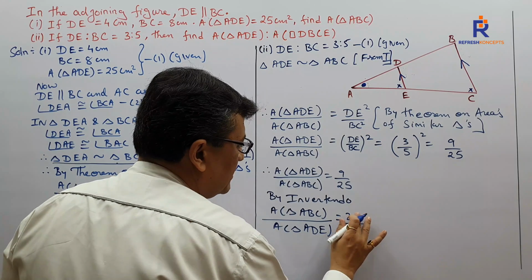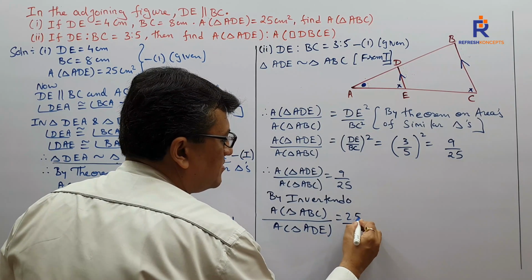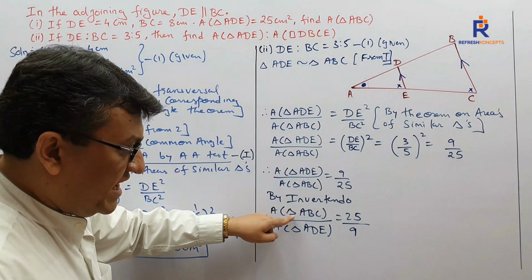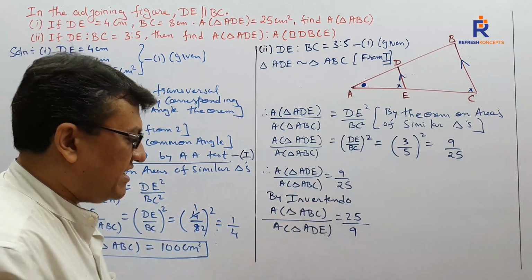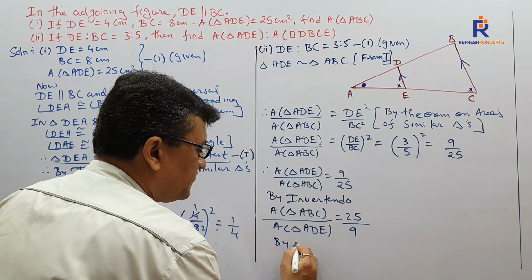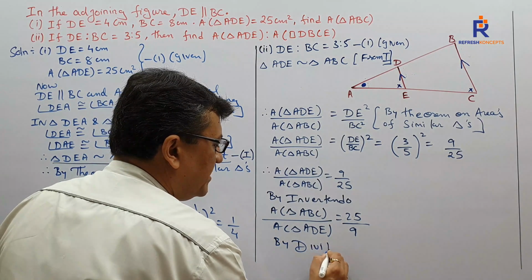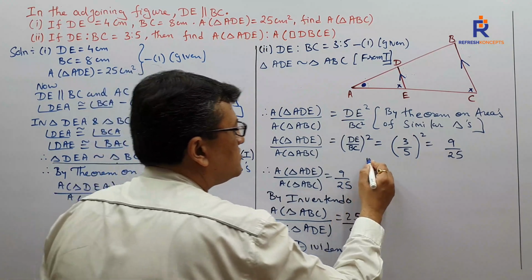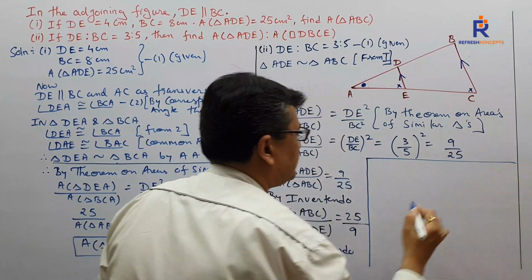Now can I say, by dividendo, area of triangle ABC minus area of triangle ADE. So by dividendo, what will I get?